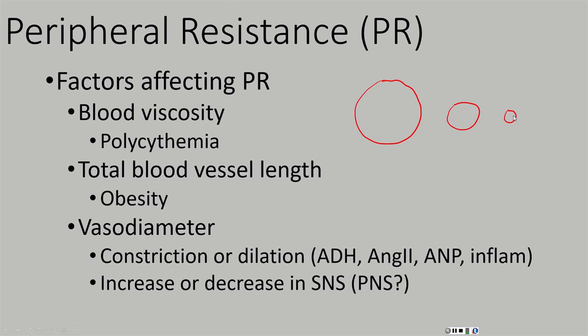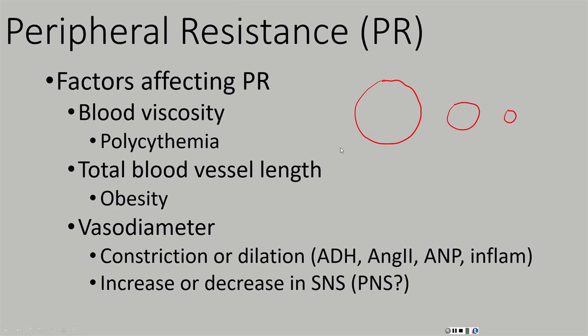Is it easier or harder for all of you to move through together? It's harder. The peripheral resistance increased. But if the hallway gets much larger, much wider, well, now it's easier for you and your friends to get through. The peripheral resistance decreased. The bigger the space, the easier it is for something to move through it. The smaller the space, the harder it is for something to move through it.